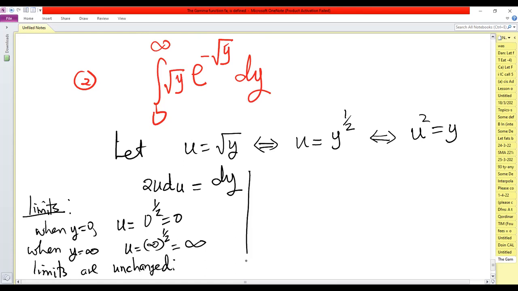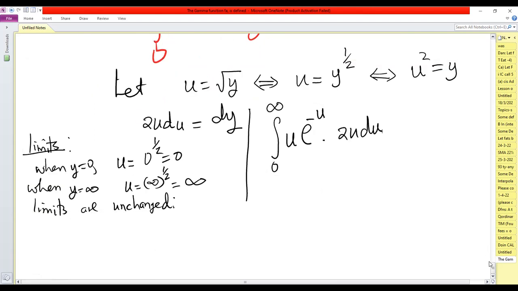So therefore now, we write the integral from 0 to infinity. Where there's square root of y, we put u. Where there's this exponent, we put negative u. Where there's dy, we put 2u du from this result. Now here we factor out the constant 2.